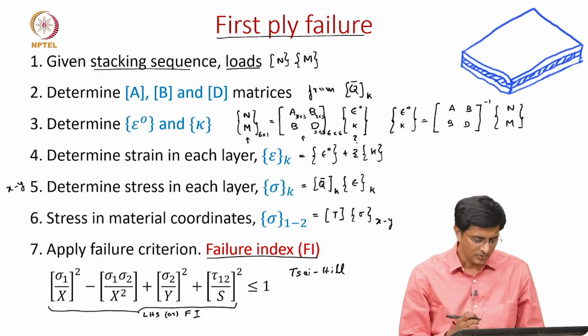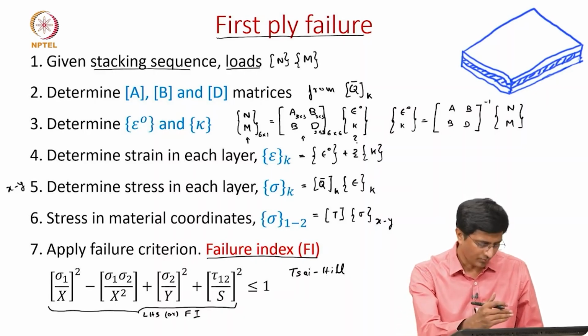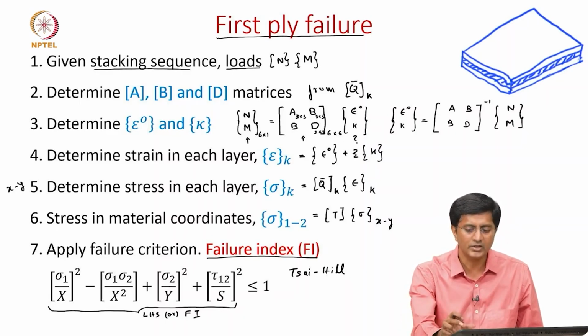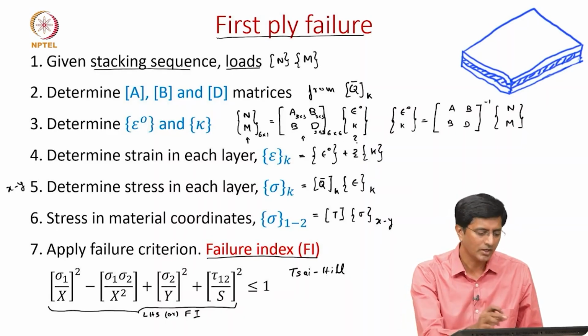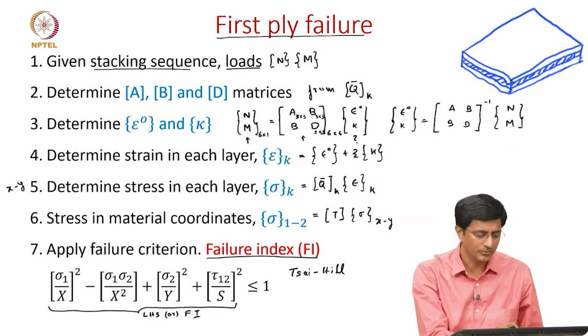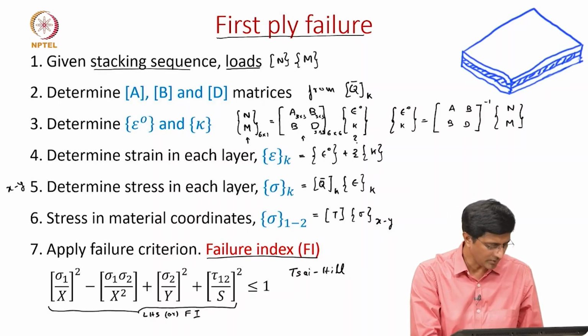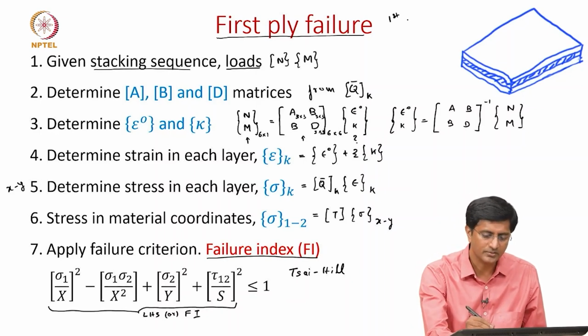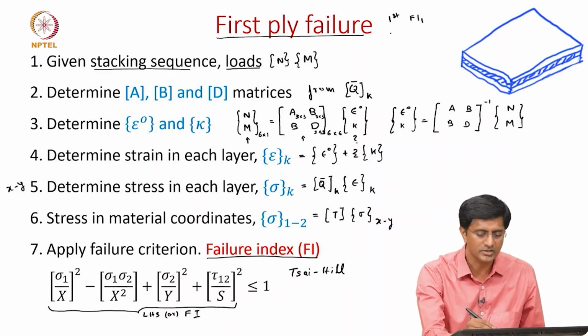Okay, so from these 7 steps, what are we able to do? We started with a laminate, and we said we know the stacking sequence and the loads. From this, we are able to come to the 7th step, where for the first layer, the failure index with subscript 1 gives the failure index of the first layer.